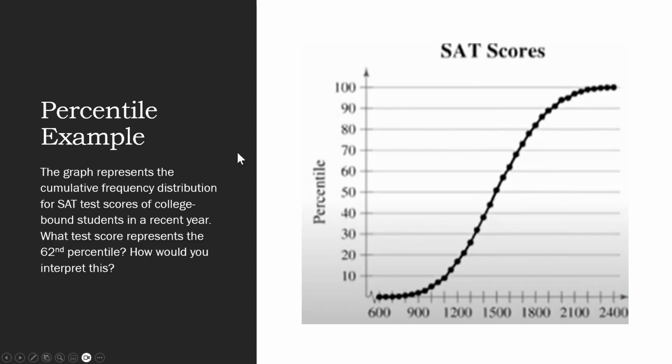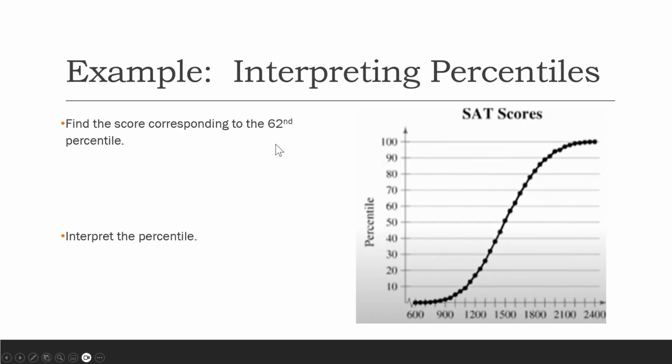All right, let's look at this specific example related to the 62nd percentile. So again, we have SAT scores along the horizontal axis and the corresponding percentiles on the vertical axis. So if I want to know what score corresponds to the 62nd percentile and how to interpret that, well, I'm going to find the 62nd percentile here. 62 on this scale looks about here.